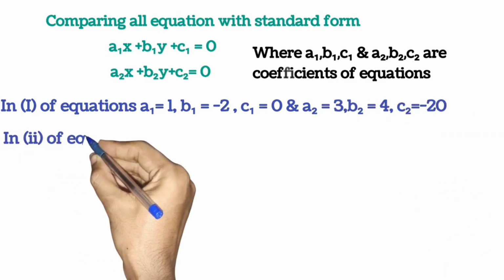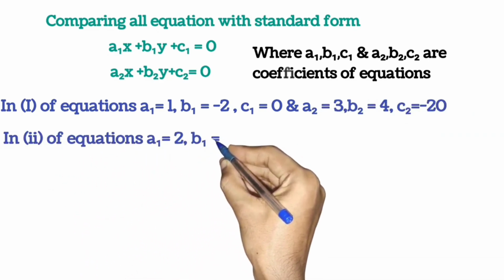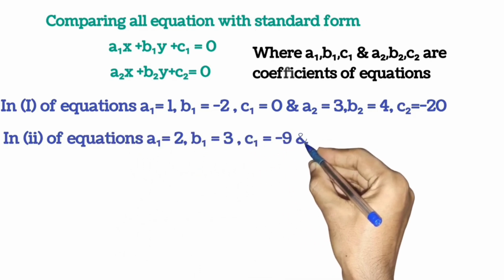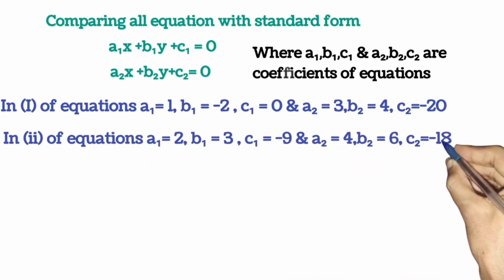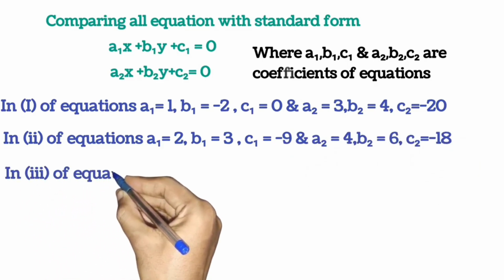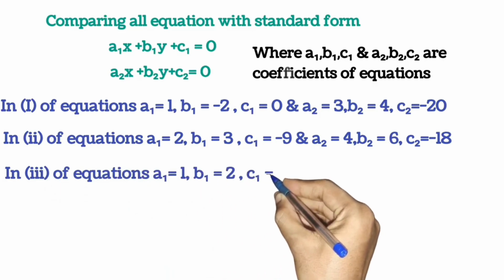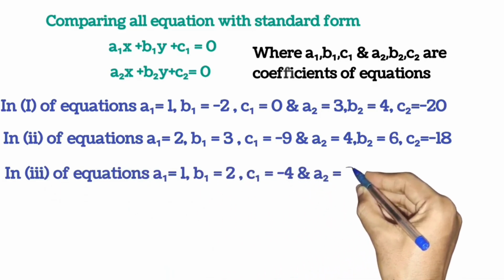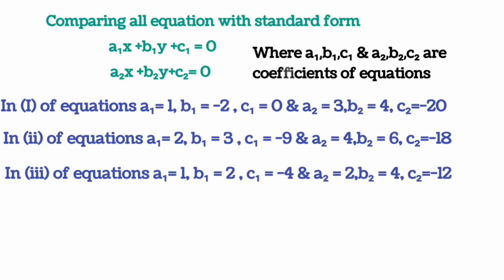In the second, we get a1 equal to 2, b1 equal to 3, c1 equal to minus 9 and a2 equal to 4, b2 equal to 6 and c2 equal to minus 18. In the third, we get a1 equal to 1, b1 equal to 2, c1 equal to minus 4 and a2 equal to 2, b2 equal to 4 and c2 equal to minus 12.